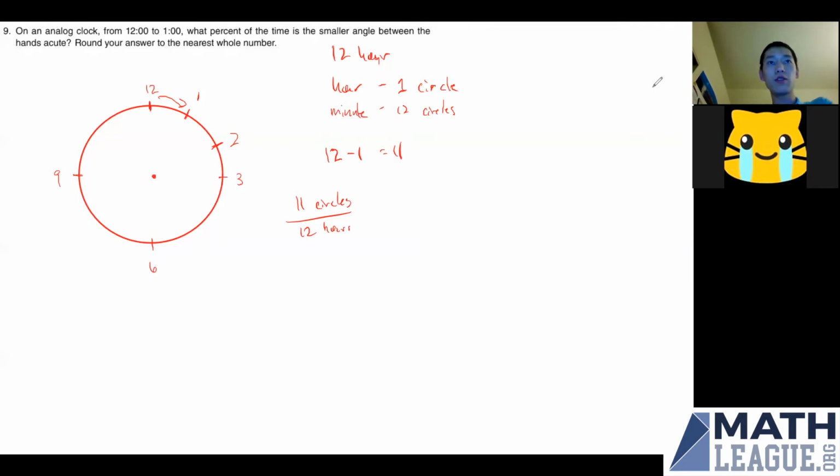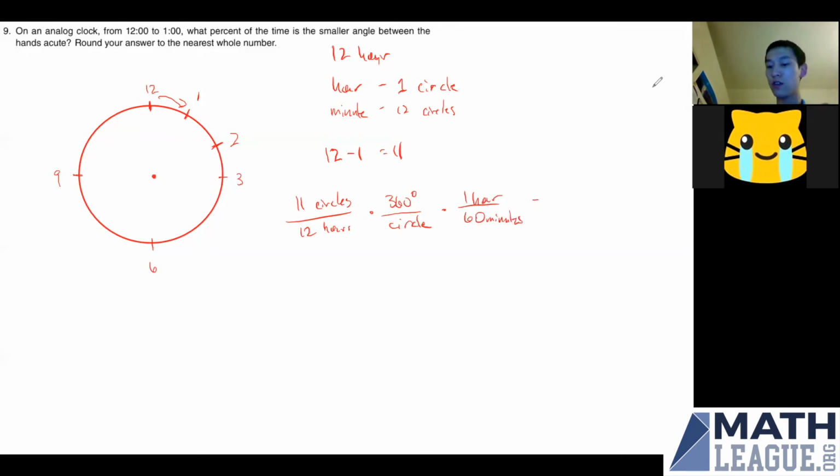Now we're going to change this into something that we can have an easier time with. First, we're going to multiply by 360 degrees per circle, and then multiply by 1 hour per 60 minutes.